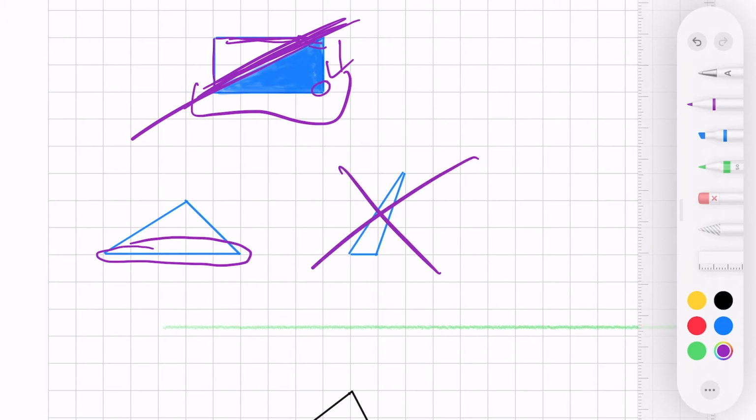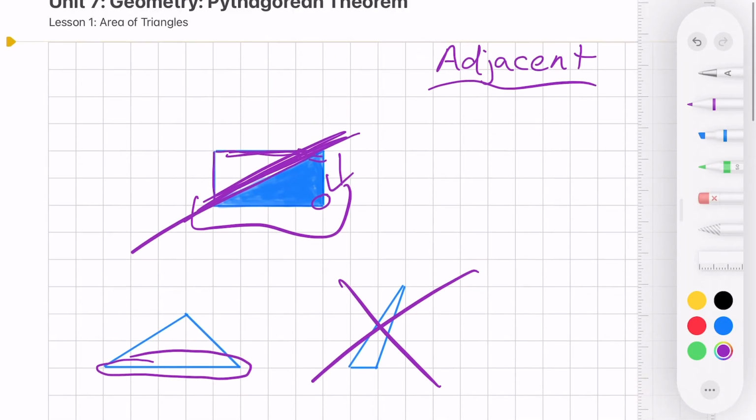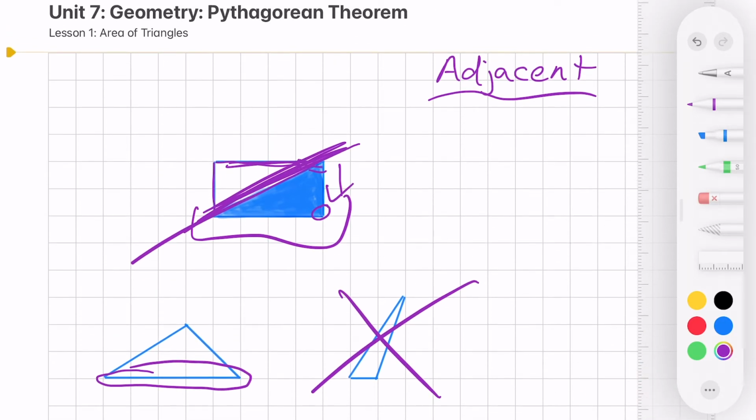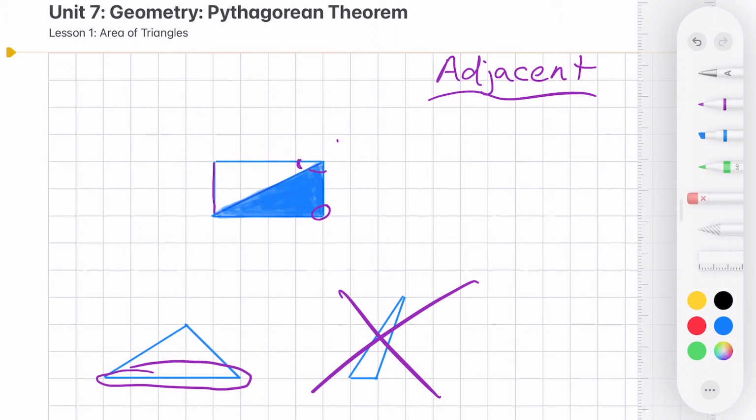Okay, so if I am looking at finding the area of this triangle, I'll just get rid of some of this stuff here. What I do is I draw this rectangle first. That line there is going to be classified the base.